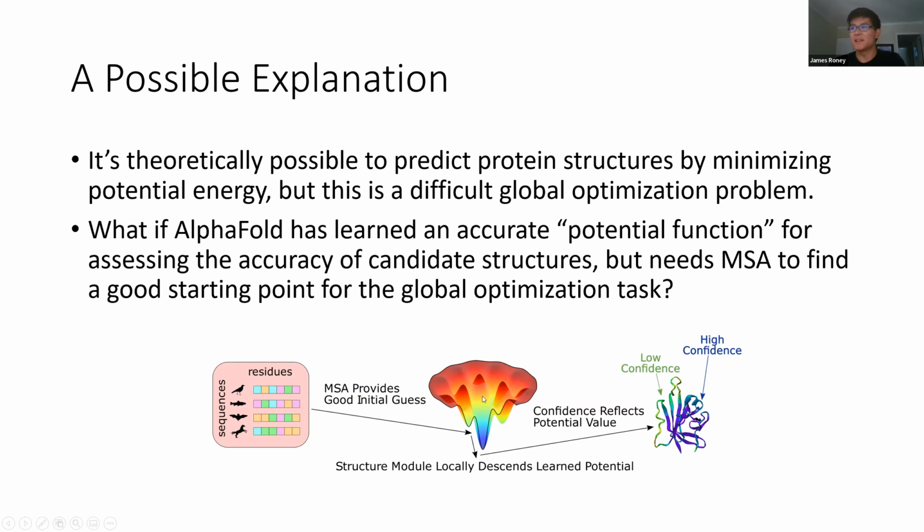So maybe models like AlphaFold use these MSAs to provide a good initial guess at the structure, and then perform a local search to refine that structure and arrive at a good prediction. AlphaFold and related models also produce confidence outputs. In this hypothesized workflow, you might expect these confidence outputs to correspond to the level of that internal potential function at the ultimate output structure.